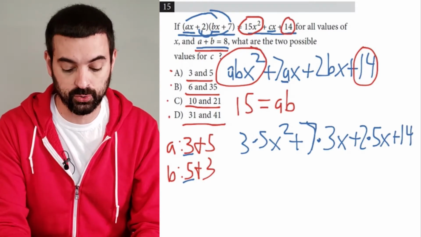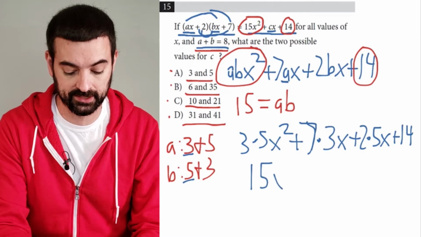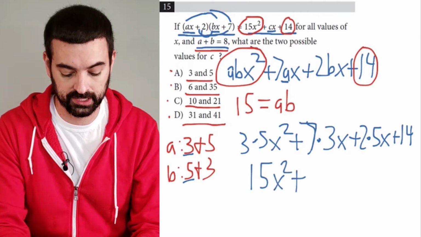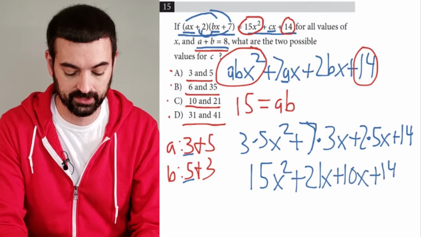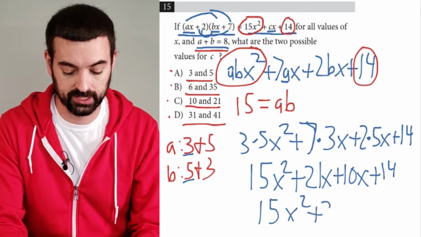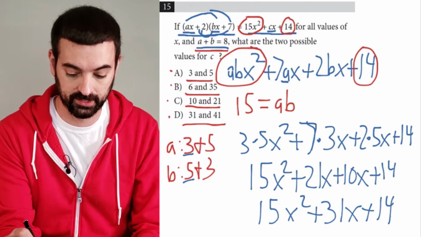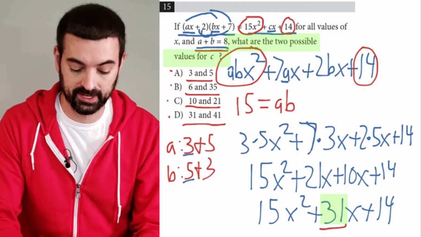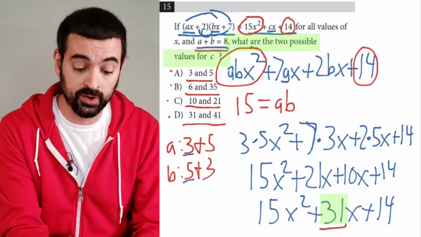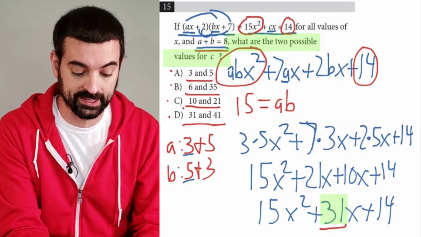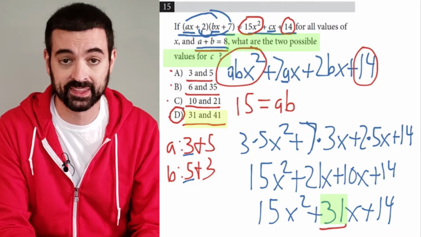This will simplify quickly to 15x squared plus 21x plus 10x plus 14, or 15x squared plus 31x plus 14. Our term is 31. Only one of our answer choices has 31. That tells us that D is the answer.